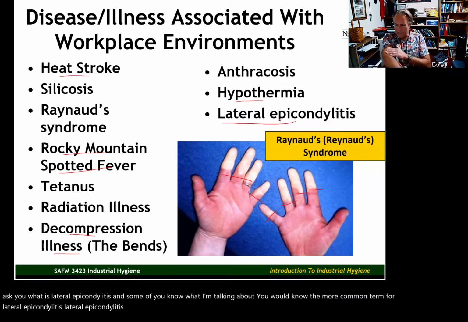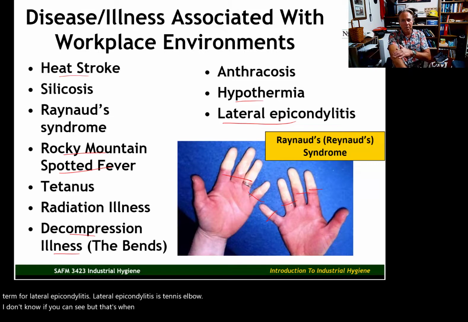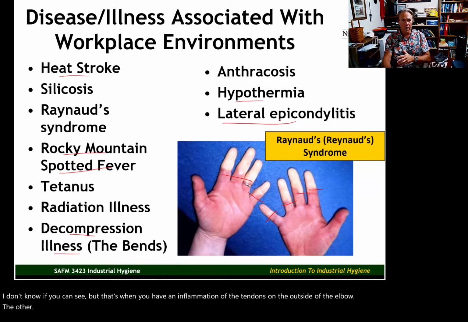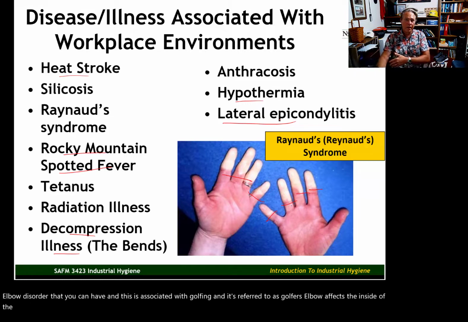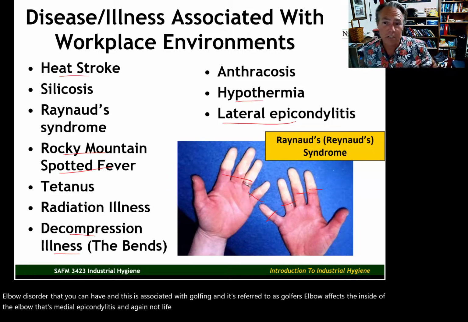I don't know if you can see, but that's when you have an inflammation of the tendons on the outside of the elbow. The other elbow disorder that you can have, and this is associated with golfing, and it's referred to as golfer's elbow, affects the inside of the elbow. That's medial epicondylitis. And again, not life-threatening, but it can be life-changing if it's not taken care of.